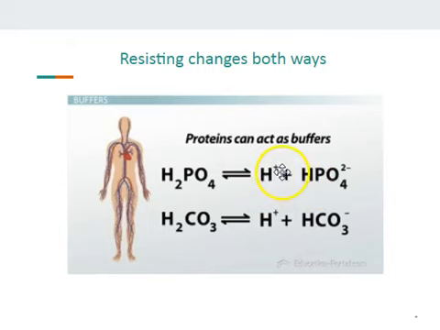HPO4 has the ability to accept hydrogen ions, and as a result, it can create H2PO4. So H2PO4 is the weak acid, HPO4 is the conjugate base. This is the donor, this is the acceptor.